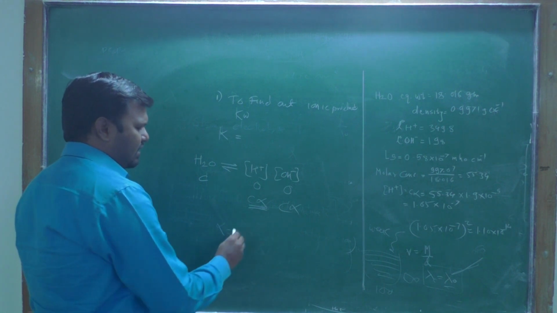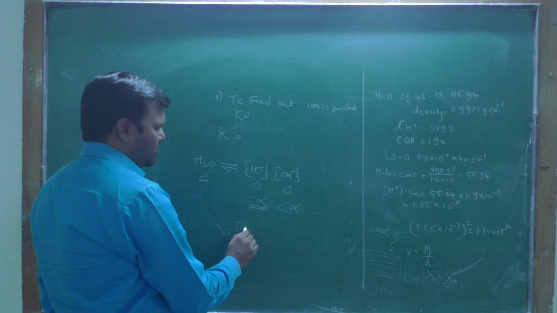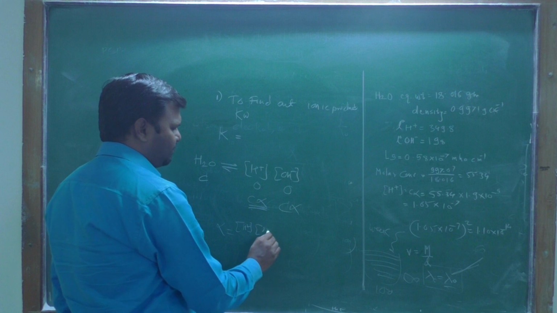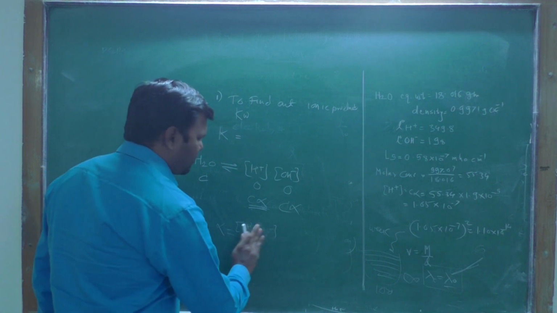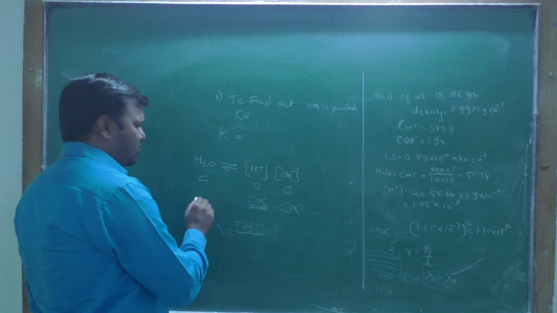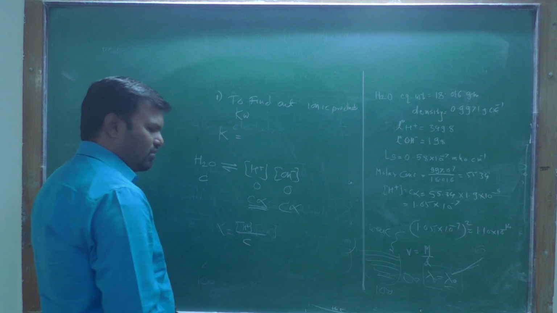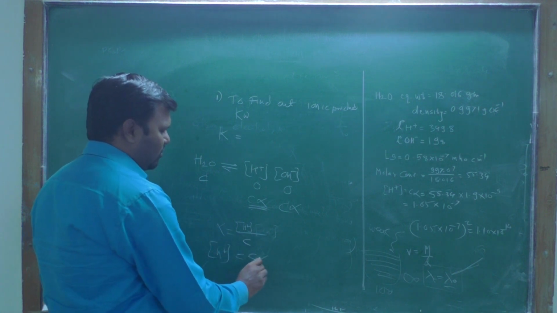Alpha is given as the concentration of ions, H plus or OH minus, upon the total concentration C. Therefore the concentration of H plus ions is C into alpha.